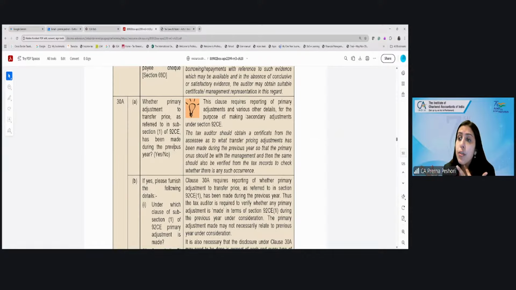It may also be made during the year in respect of any earlier previous year, in case the assessment has been taken up by the assessing officer. So that you need to see as per the assessment orders, if there is any transfer pricing adjustment which has been made on the assessee. Are we clear? So that needs the reporting over here.